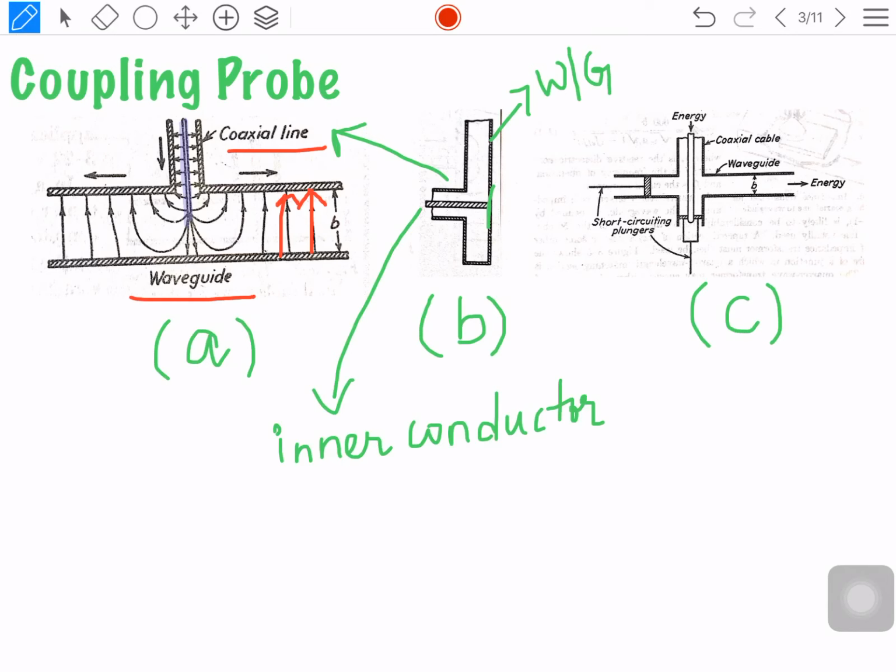This gives a rigid support for the inner conductor. If you want effective electrical and magnetic coupling, then we cross the inner conductor beyond the farther wall, and it will be stopped at the short-circuiting plunger. See here, it has been extended beyond the waveguide by another distance.